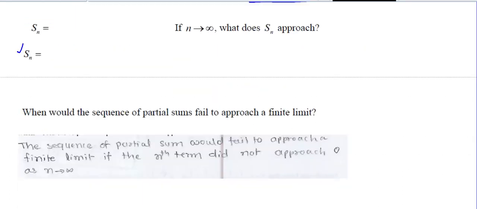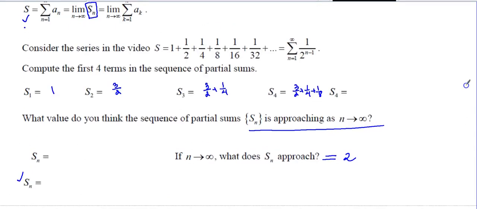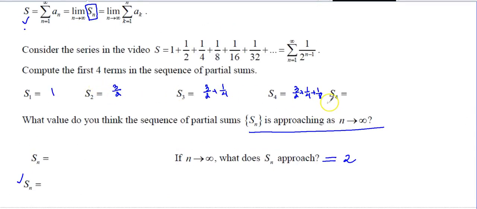So the sequence of partial sums would fail to approach a limit if the last term, the nth term, did not approach 0 as n goes to infinity. I'm going to skip this part. If n goes to infinity, what does S of n approach? The answer is 2, because if we add all these numbers, you will see that the sum is getting closer and closer to 2.